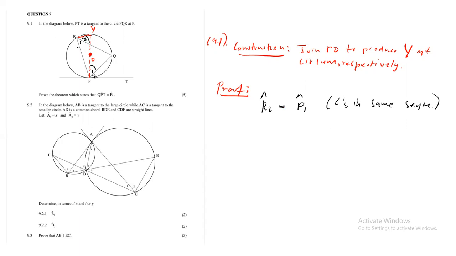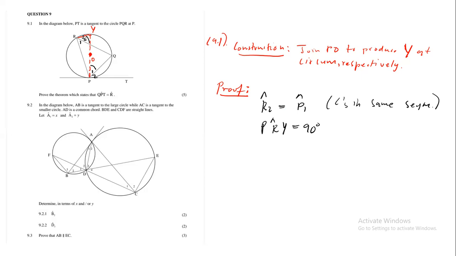Therefore, I'm going to determine angle P2, or you can determine angle R1, it's up to you. Let me determine angle R1. Therefore, I'm going to say angle PRY is equal to 90 degrees.